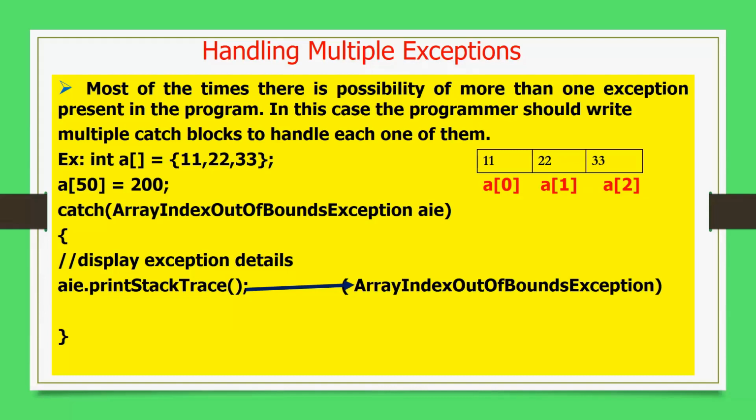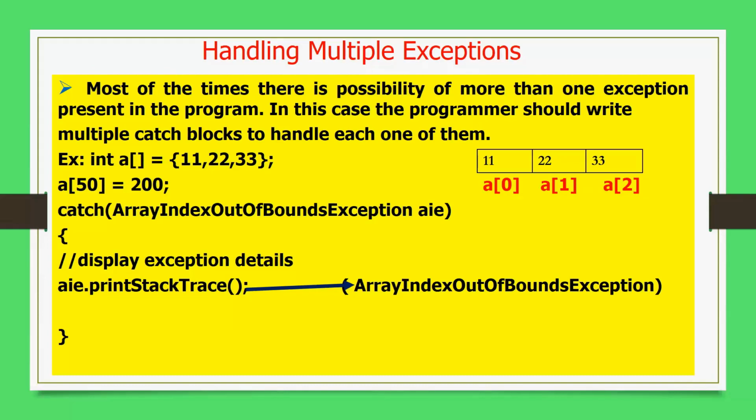Array of 0 means the starting position holds 11, next position 1 holds 22, and the second position holds 33. So you can see here the syntax: catch ArrayIndexOutOfBoundsException and reference variable. Here we are displaying a message. If you observe in the above statement, we created an array A with 3 elements.